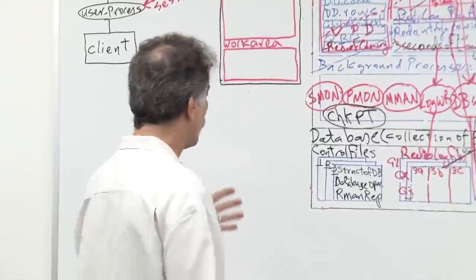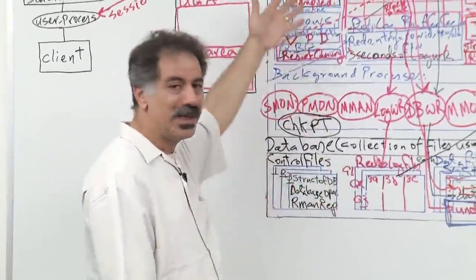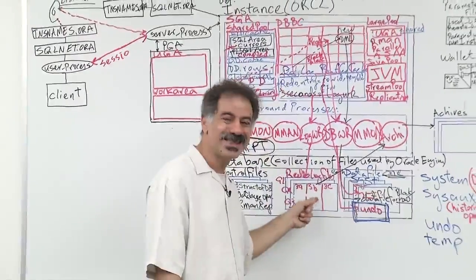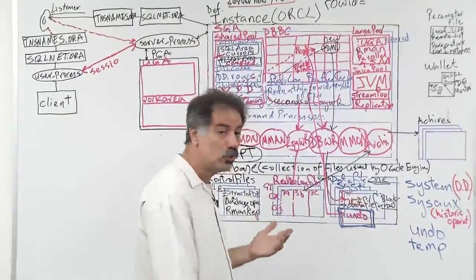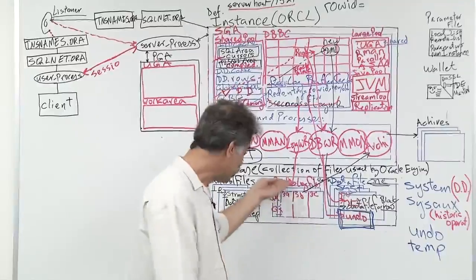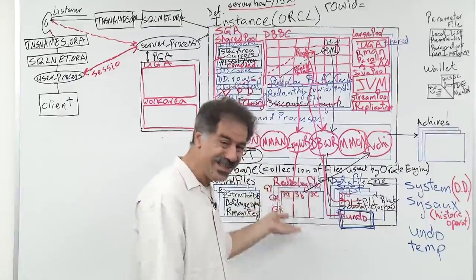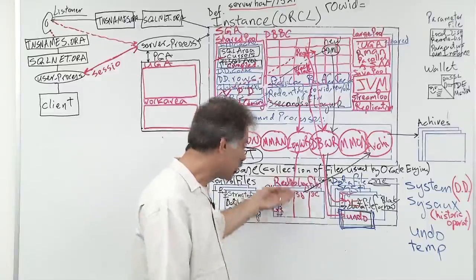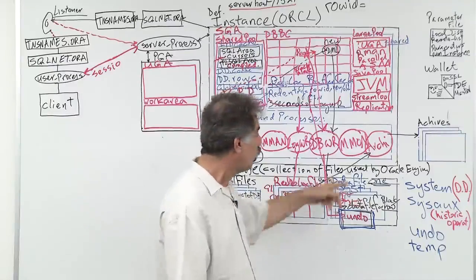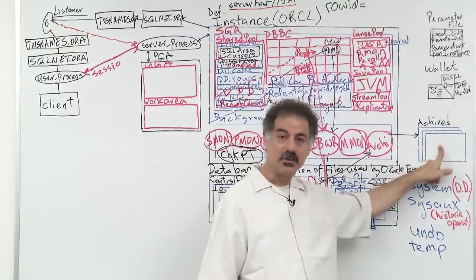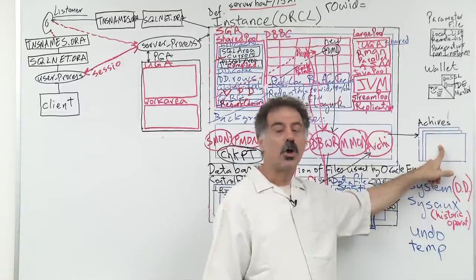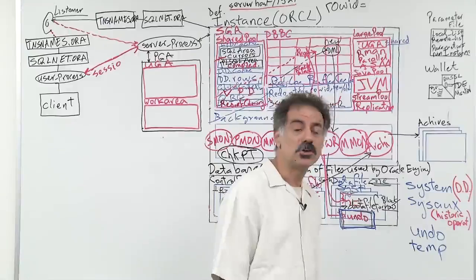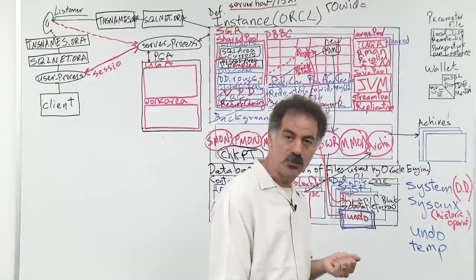All right, so now we can see here is our main container. Then, since we only have one set of redo, the redo for all pluggable databases will be contained within these files. And since all the redo is contained within these files, we will only have one set of archives. Therefore, all pluggable databases must share the same archives. There is no separation at the file level.